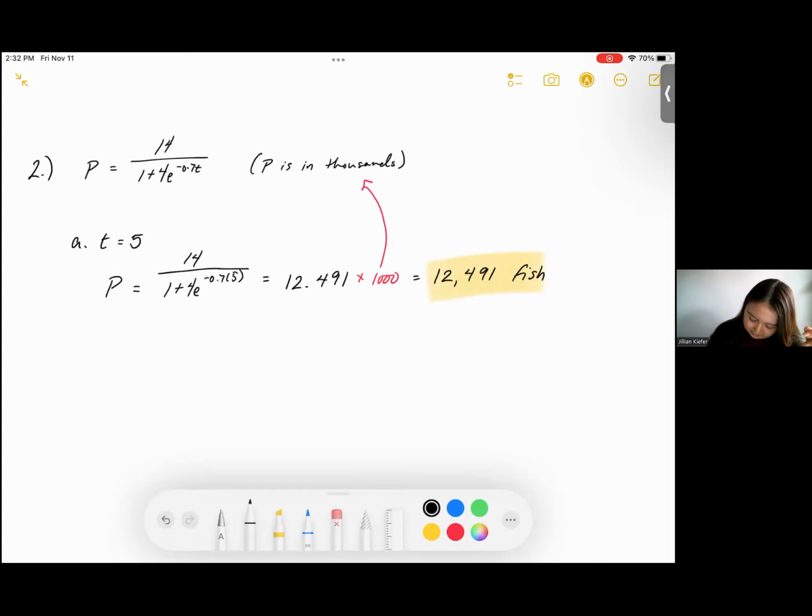For part B, we need to know the time it takes for our population to get to 7,000. There was a 7 in it. So for part B, we're saying that the population we want to be 7,000. But remember, it's already in thousands. So if we're saying that the population is 7,000, we're really just going to write 7.